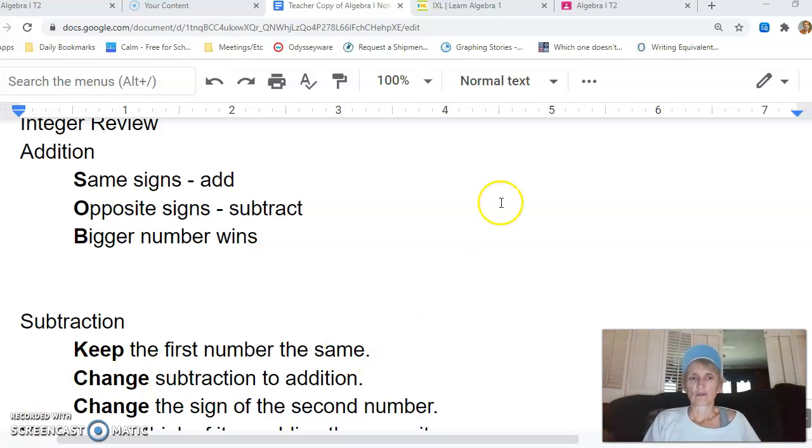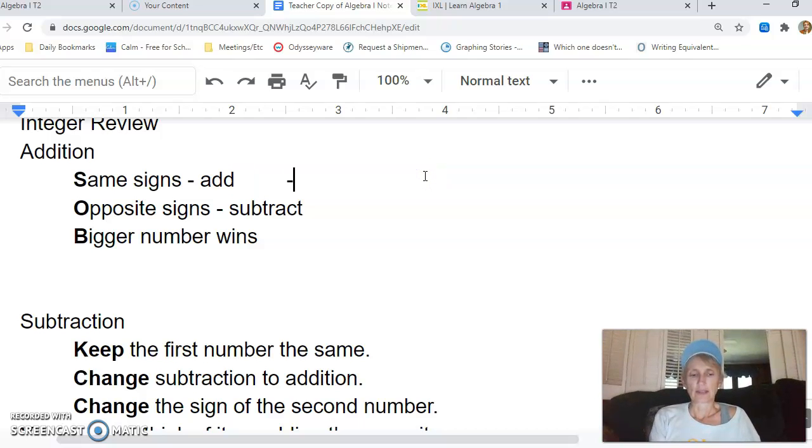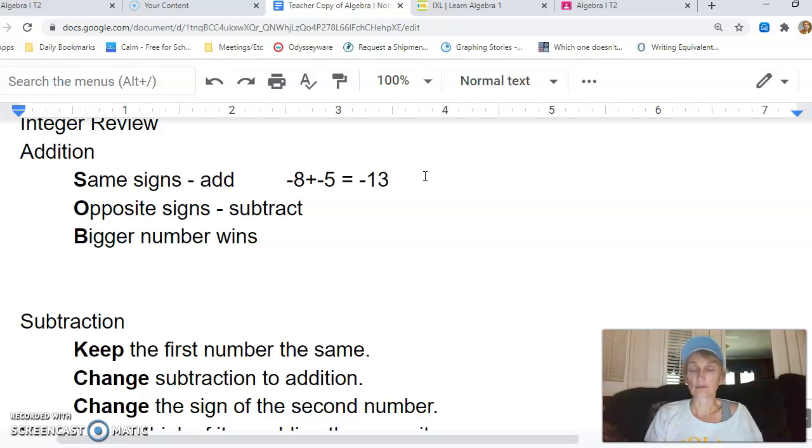So, for example, negative 8 plus negative 5 would equal negative 13. I lost $8 and then I lost $5. Altogether I lost $13. Opposite signs subtract.